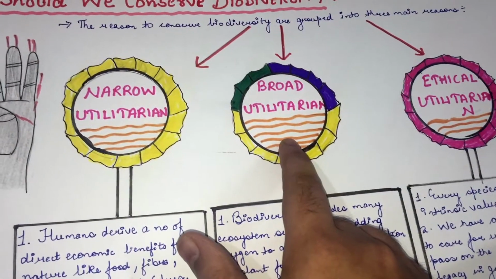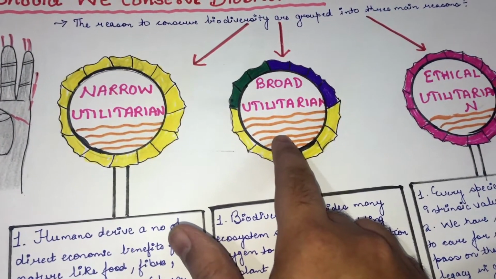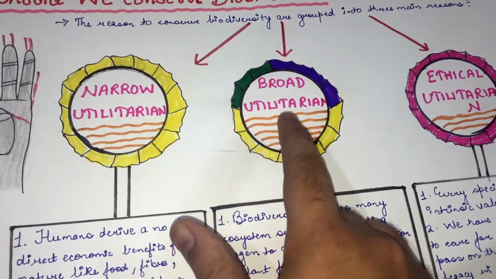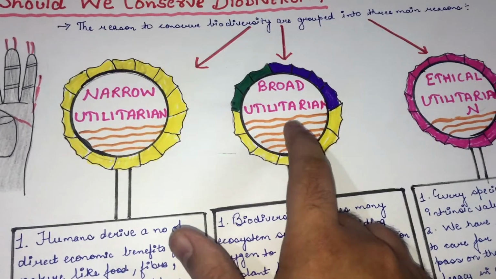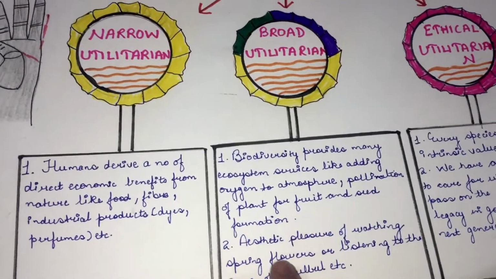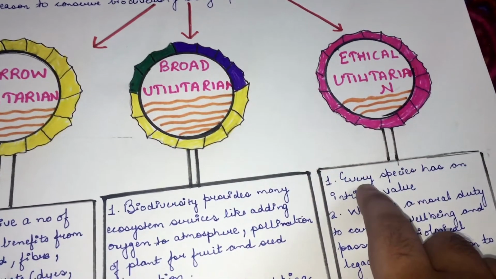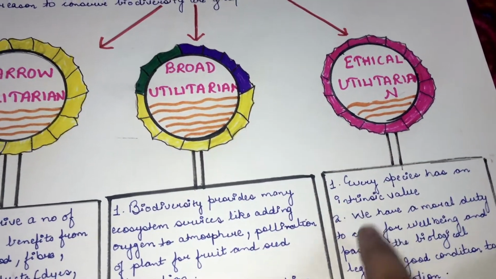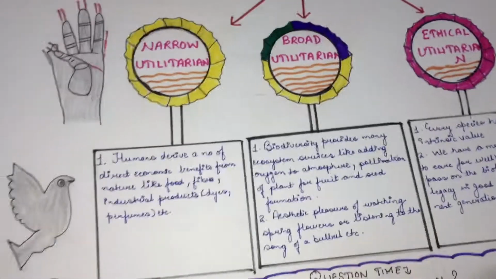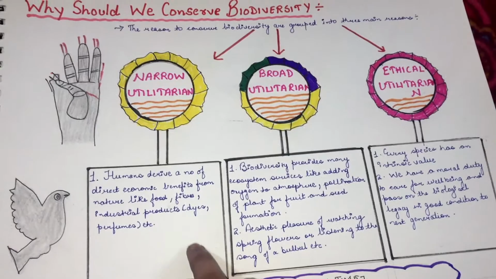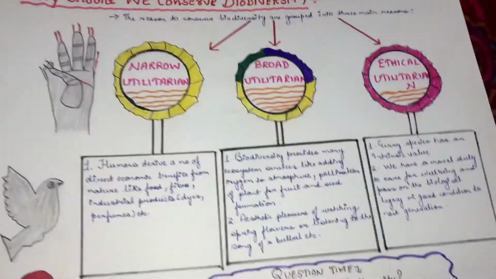In broad utilitarian, the ecosystem adds oxygen to the atmosphere, it helps in pollination, and secondly, there is the aesthetic pleasure which we derive from the ecosystem. And under ethical utilitarian, every species has its intrinsic value, so it is our moral duty to take care of their well-being. So you can pause the video and write the notes on why we should conserve biodiversity.